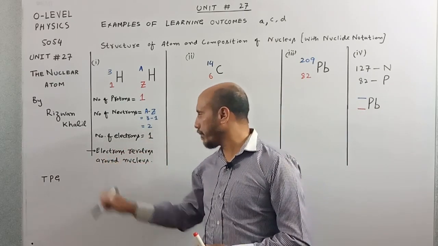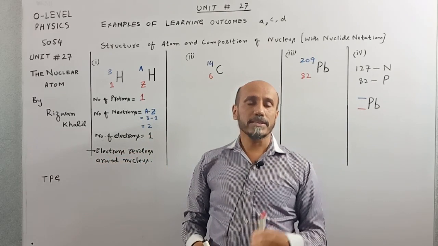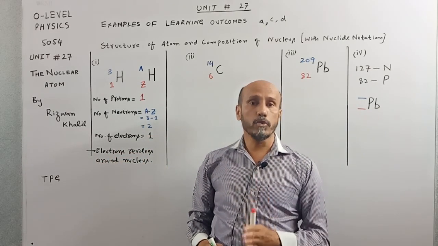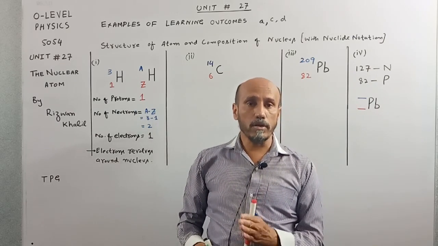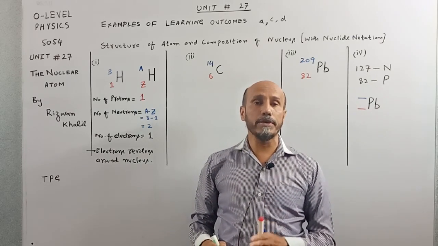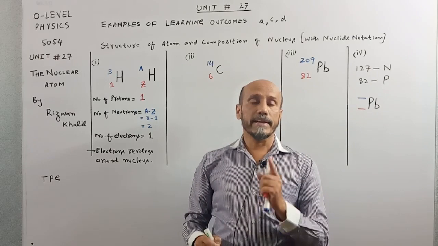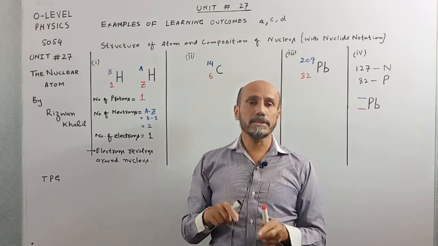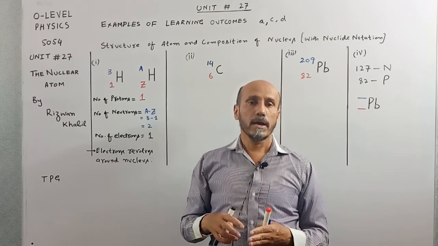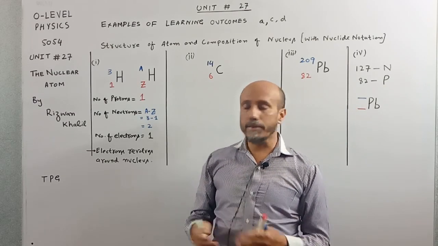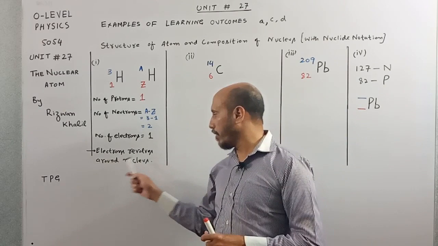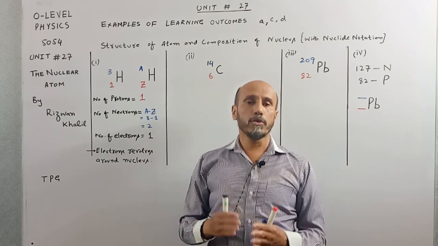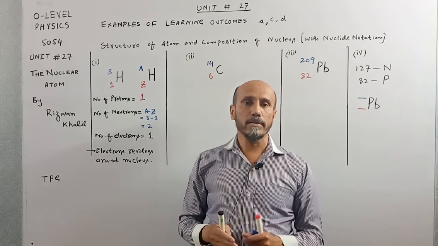And at the end, we are supposed to write the sentence that electrons revolve around the nucleus, or we can also write that protons and neutrons exist inside the nucleus. So these two sentences are compulsory to write. Either we can write electrons revolve around the nucleus, or protons and neutrons exist inside the nucleus.